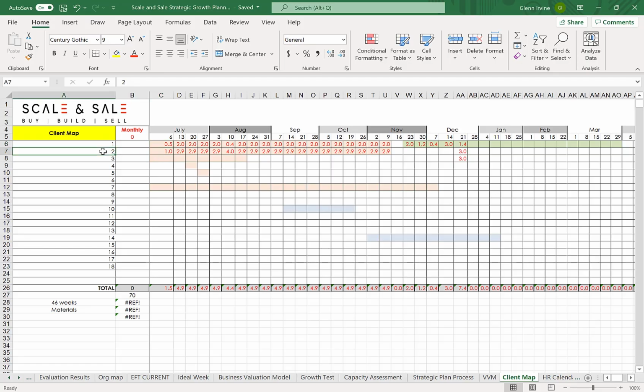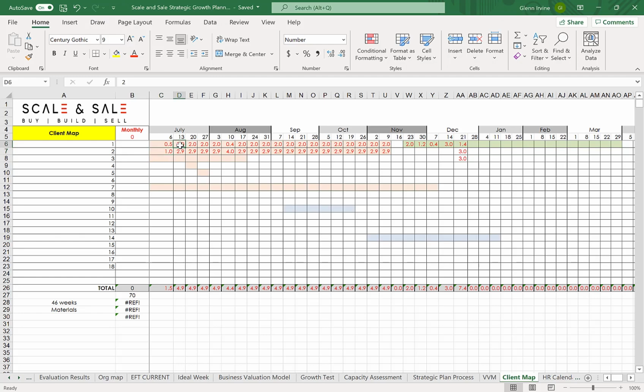You might have another client who's looking for a job to be done, and that might require one person for the week or 2 people for half a week. So just thinking through and understanding what maximum time do you have to sell, and understanding how and when you're at capacity.